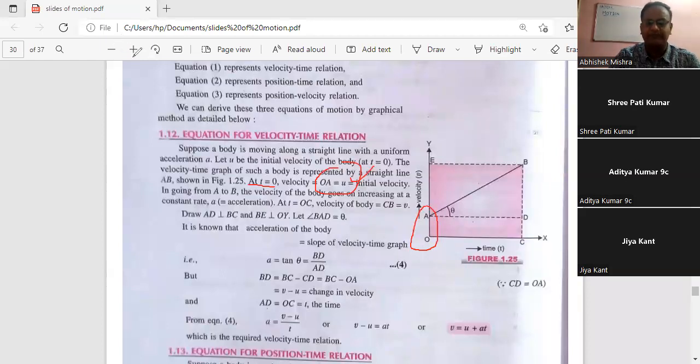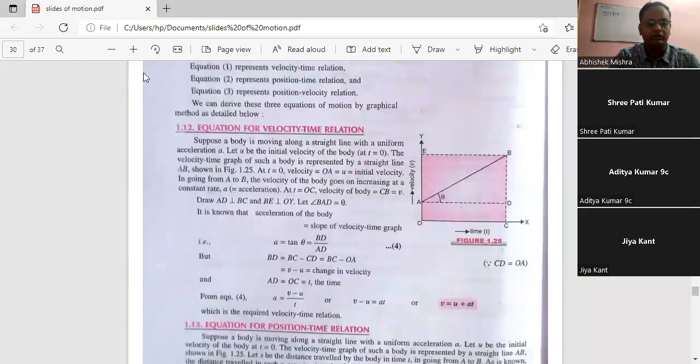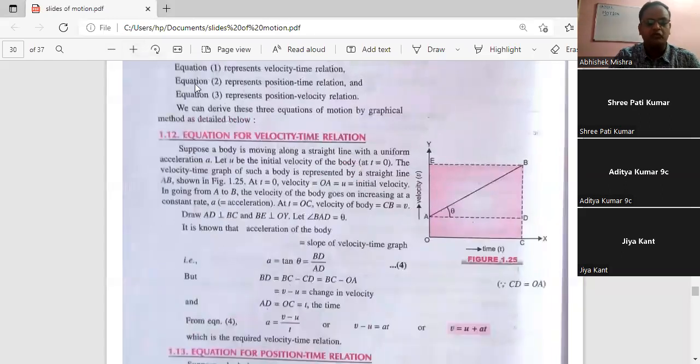Now see what is happening. The particle, or we can say the body, is moving from A to B, and the velocity goes on increasing at a constant rate, that is the acceleration.